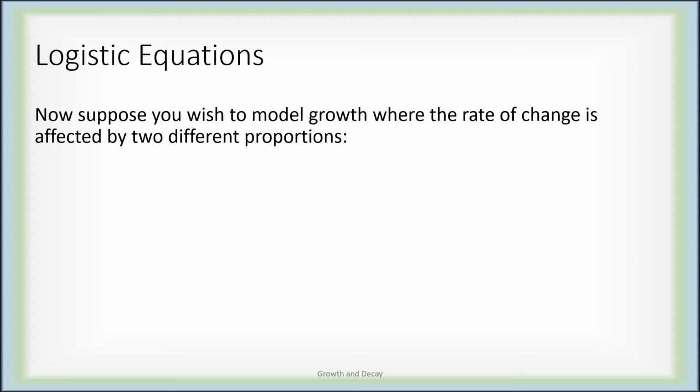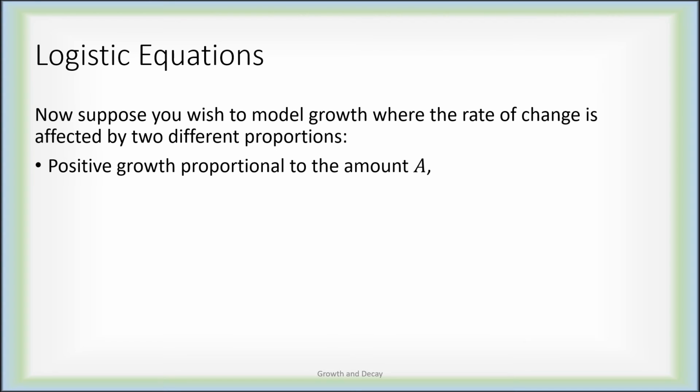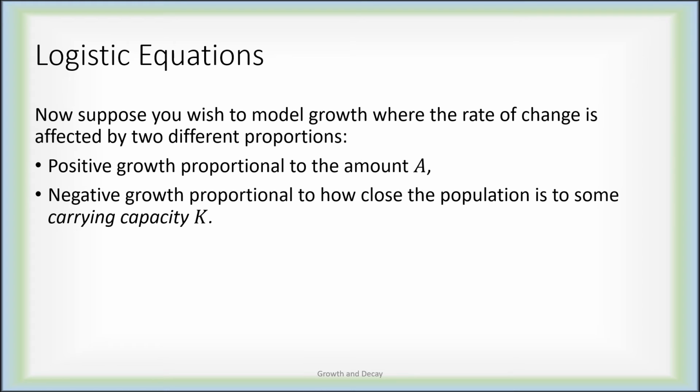But now let's suppose you want to model growth where the rate of change is actually proportional to two different things. It's positively growing proportional to the amount A, but it's negatively growing proportional to how close the population is to some constant K called the carrying capacity.